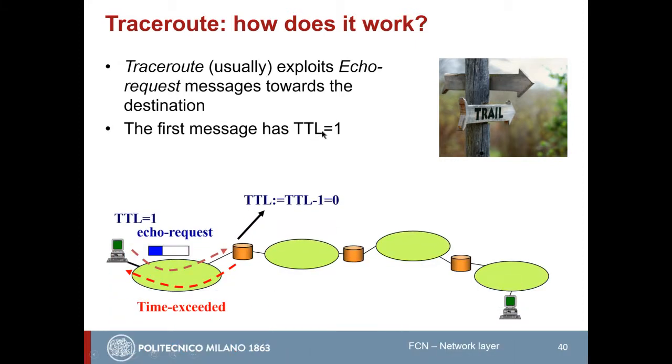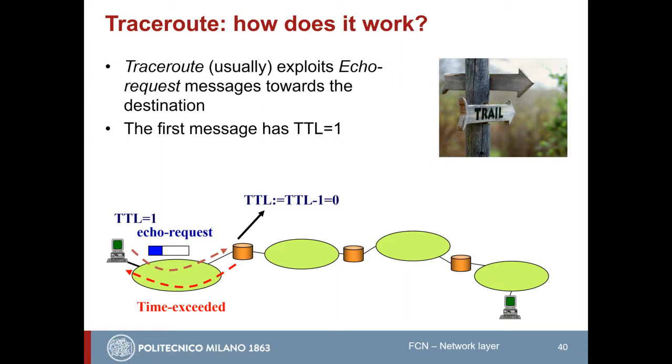When this first echo request performs the first hop, then at the next hop router its time to live is decremented, and so that router is forced to discard the message. The message, of course, has a final IP destination address, which is the host address, but it is discarded on the first hop.